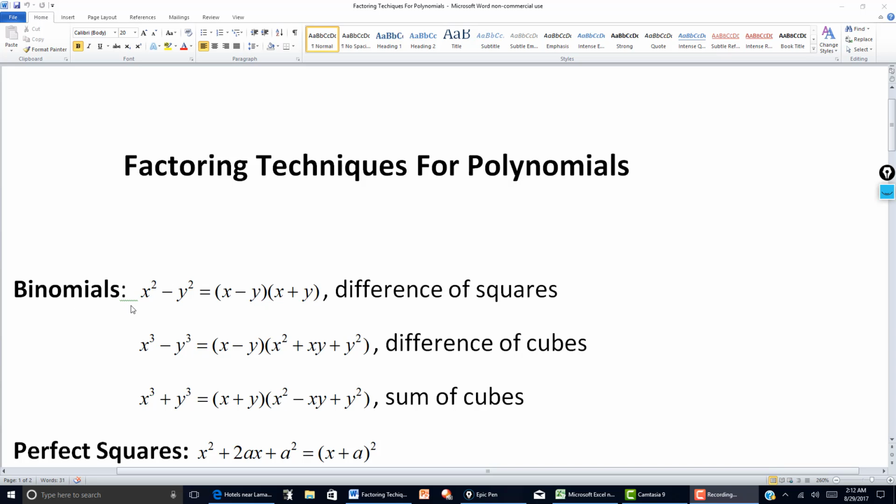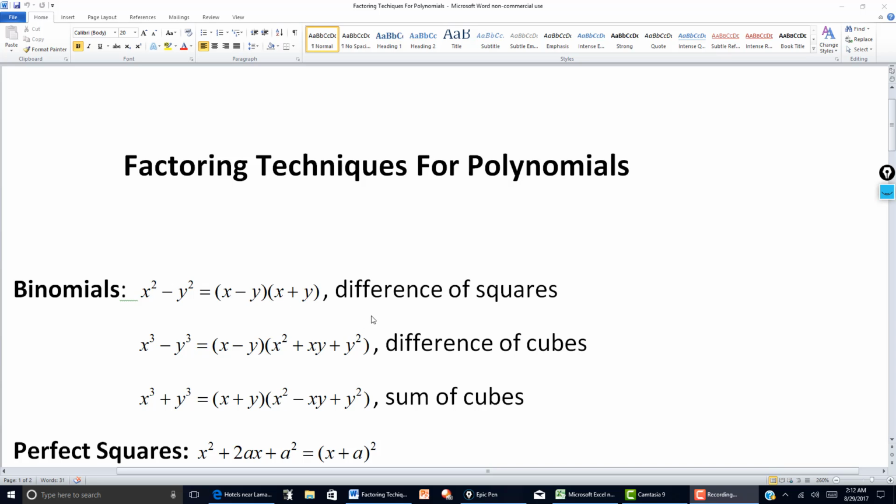For binomials, those are polynomials with 2 terms, we have the difference of squares. X squared minus y squared factors into the difference and the sum of the square roots: x minus y, x plus y.